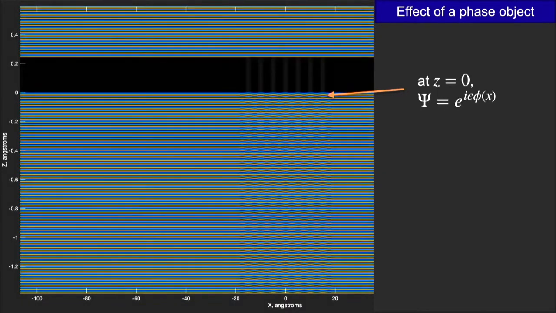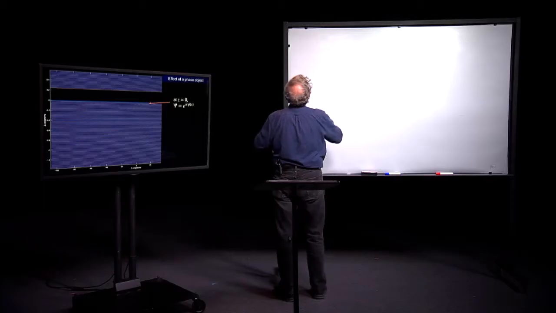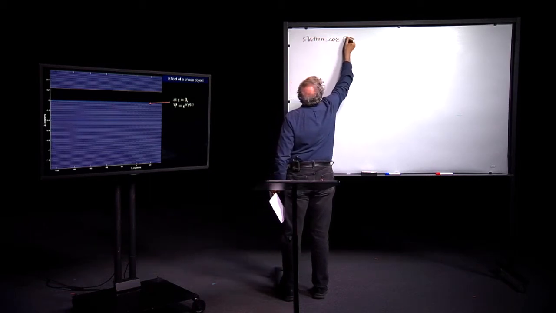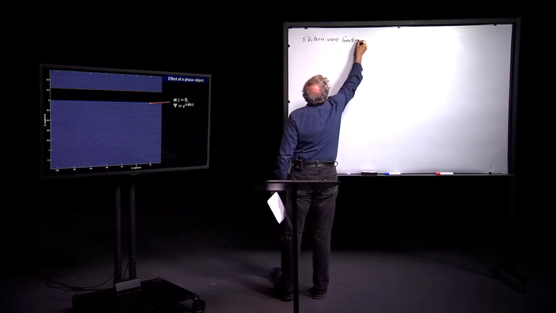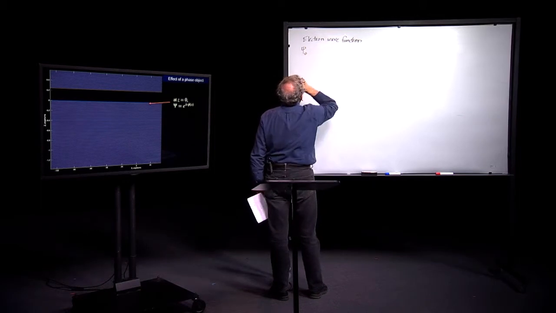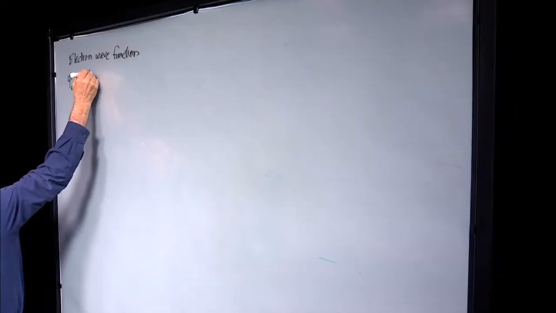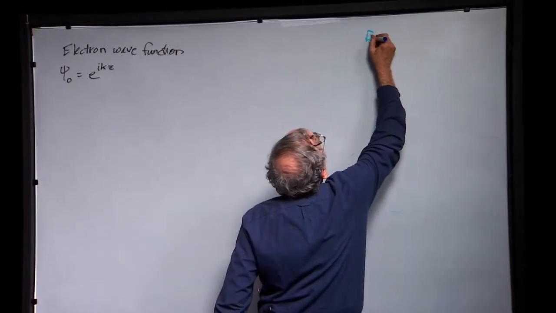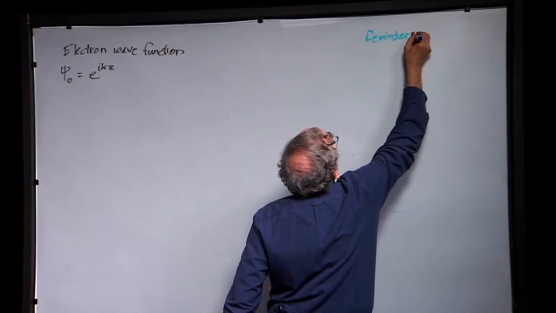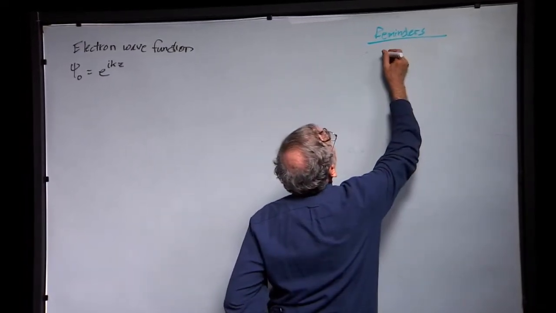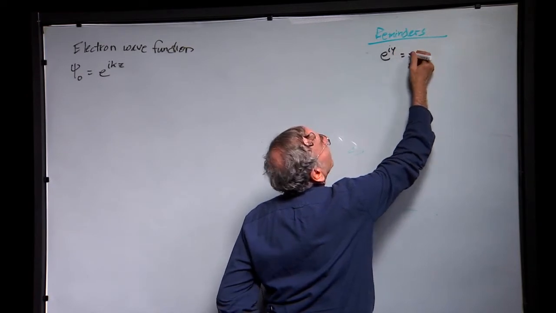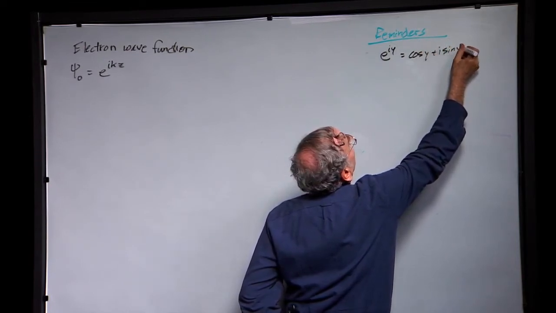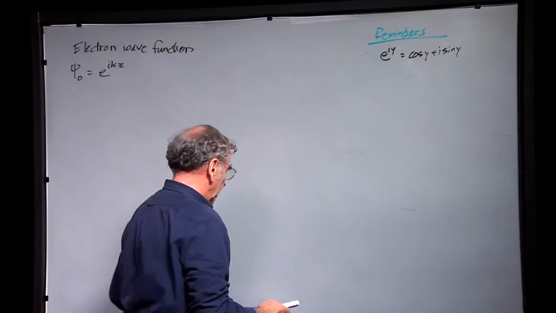So we're going to start out saying that our incident wave function, which I'll call psi naught, is just e to the ikz. Remember, as we saw last time, when I write e to the iy, that's equal to cosine of y plus i times sine of y, and i is, of course, the imaginary unit.